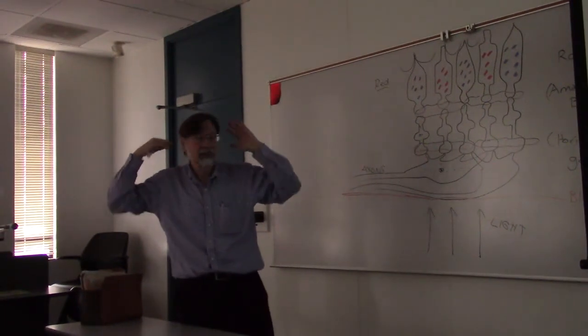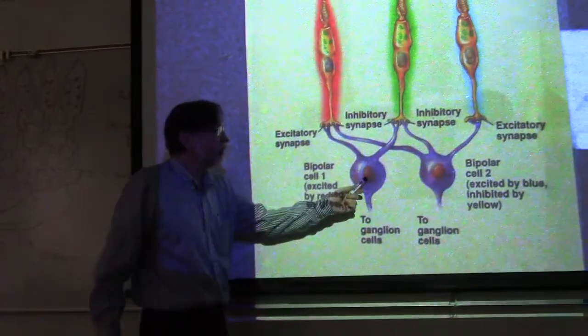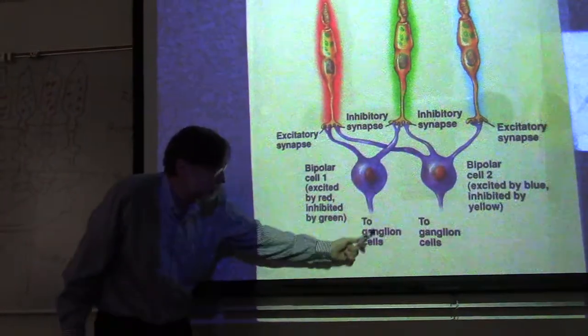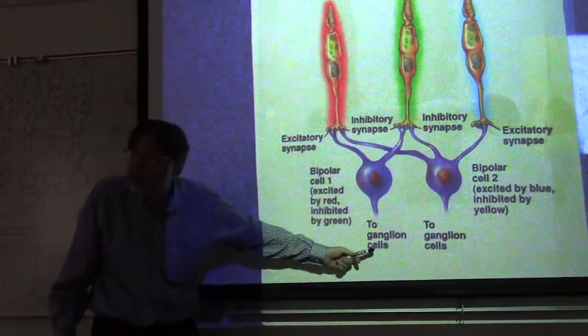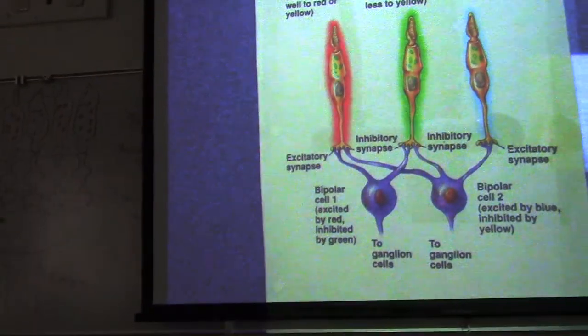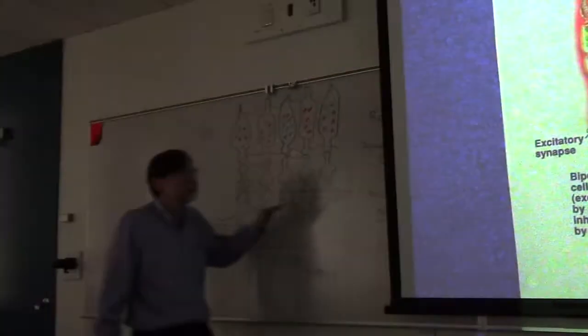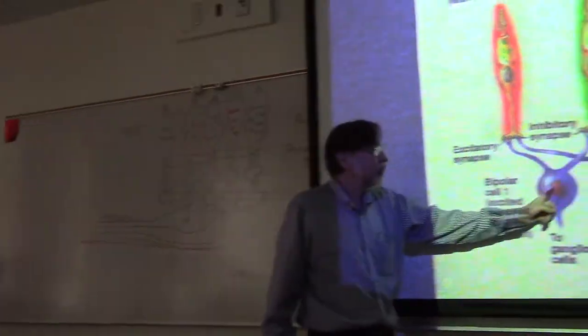All right, everything clear there? So this bipolar cell right here, they've written on here to the ganglion cell. And so here I've drawn in the ganglion cell, and then they're sending their axons up to the optic nerve, all right? So this one is responding to red.